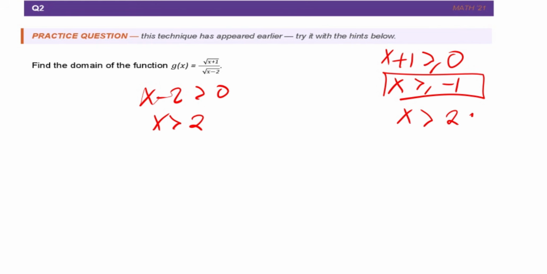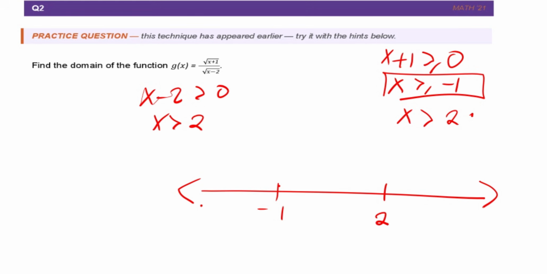Now we are going to use the number line. Let us look at this. The first one, we have -1. Then here we have 2. Starting from -1, included, going this side. Then this one is starting from 2, not included, going this side.